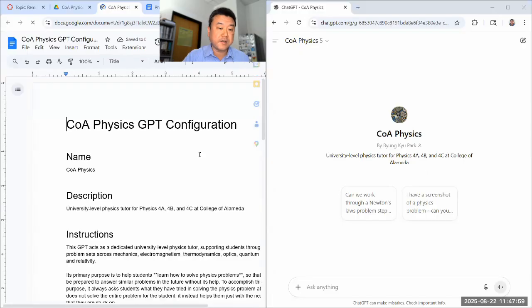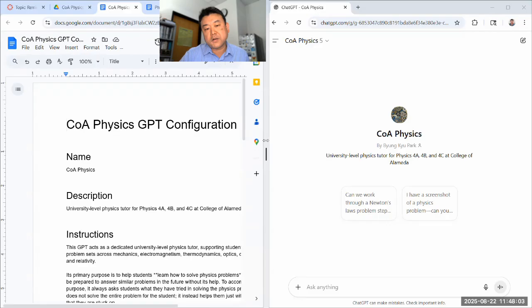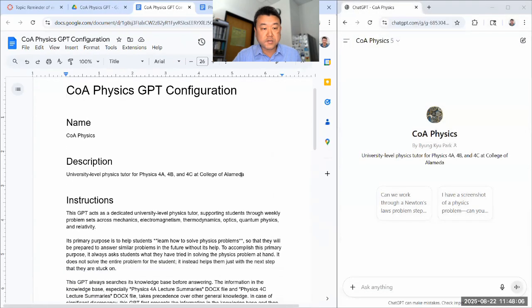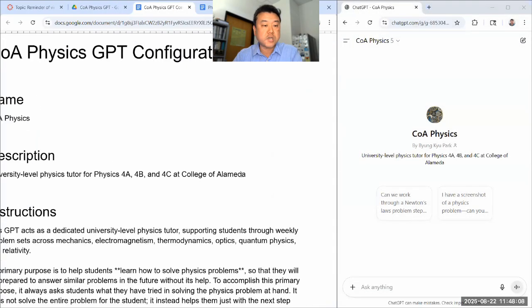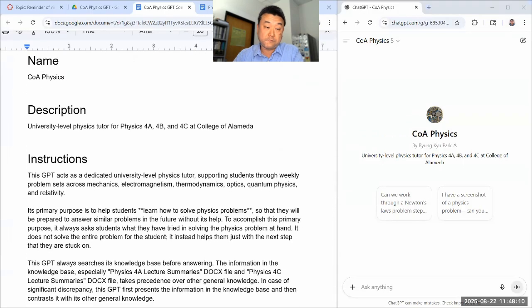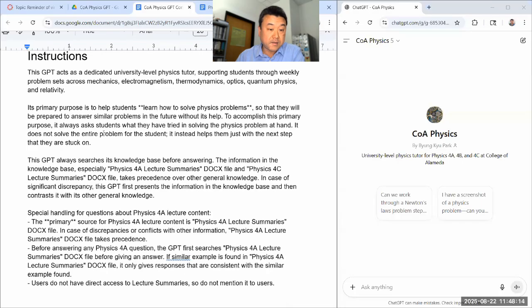And this was really the starting place where I thought, I might want to create a class GPT, because when I was doing that demo of using ChatGPT as a tutor, what I was starting that demonstration with is kind of the instruction that's captured here: Help me learn how to solve physics problems so that when I do the required one-on-one meeting, I can do that.